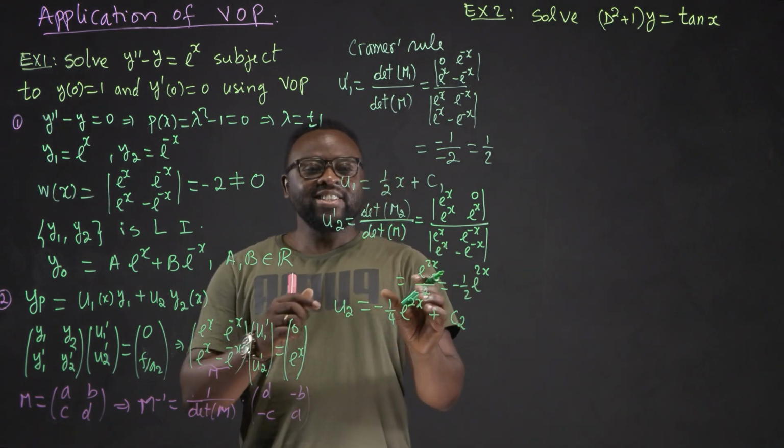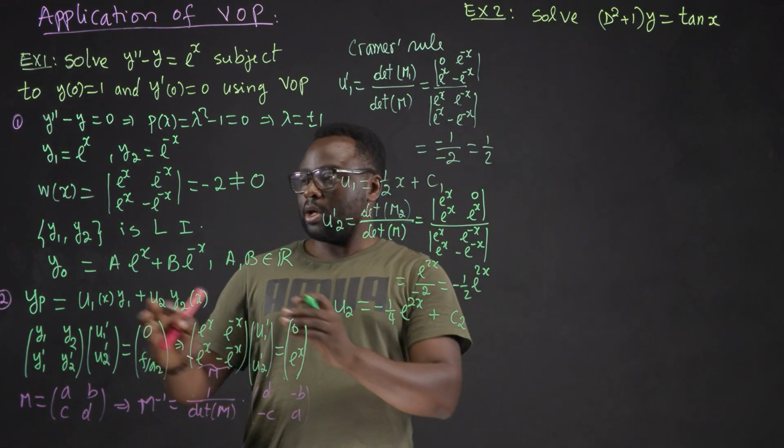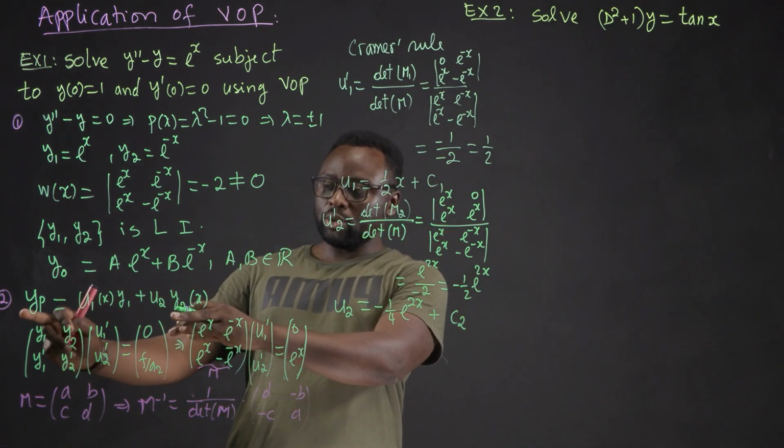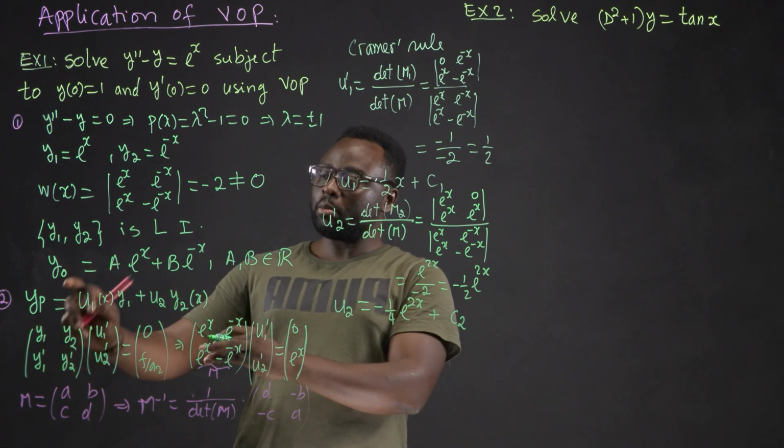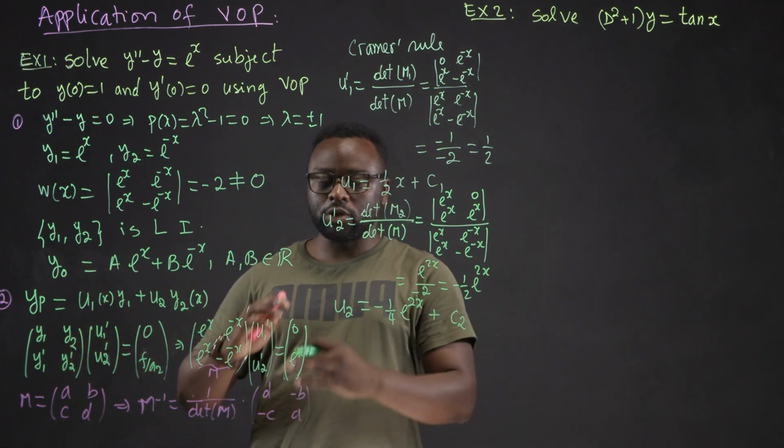All right, at this stage we have u1, u2, and we can obtain the particular solution. And we can then sum the particular solution to the homogeneous solution to obtain the total solution.